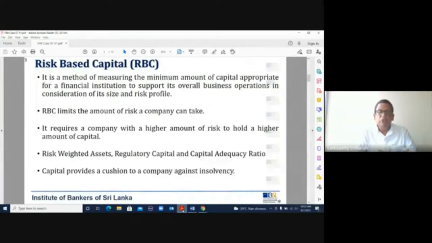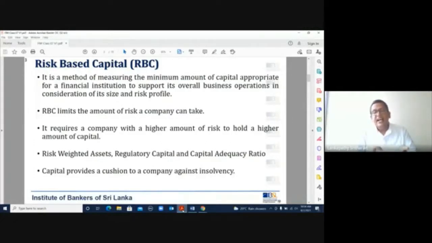You may have heard about the Basel document or Basel Accord. In the first Basel Accord, they set capital risk weights. The Basel Committee introduced the minimum capital requirement, or regulatory capital requirement, or capital adequacy ratio, based on the Basel document.